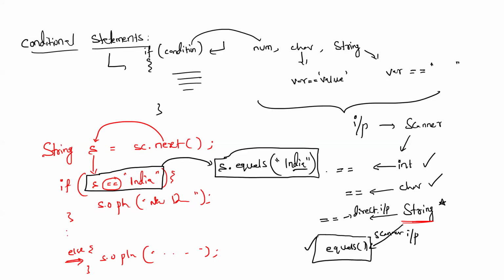This is the recommended way to compare two strings. It checks whether the variable's string value equals the given value or not. Why double equals is not working and why only equals works, we have to understand the internal memory architecture, which we'll discuss later. So this is the solution for your doubt. Clear?